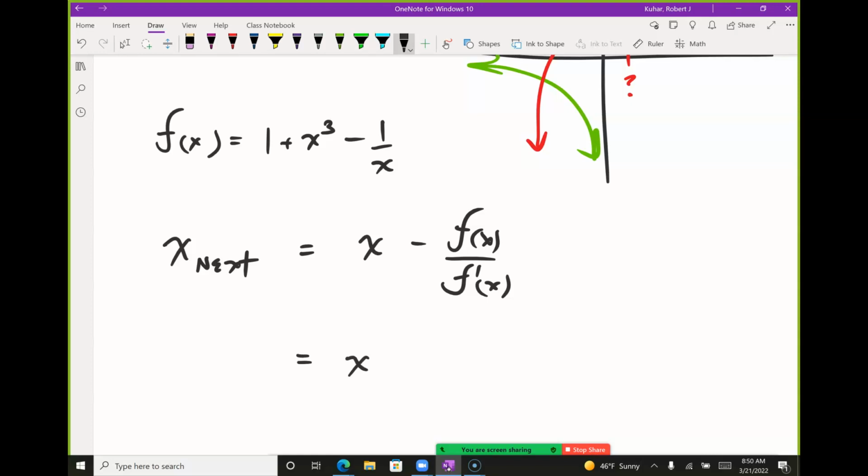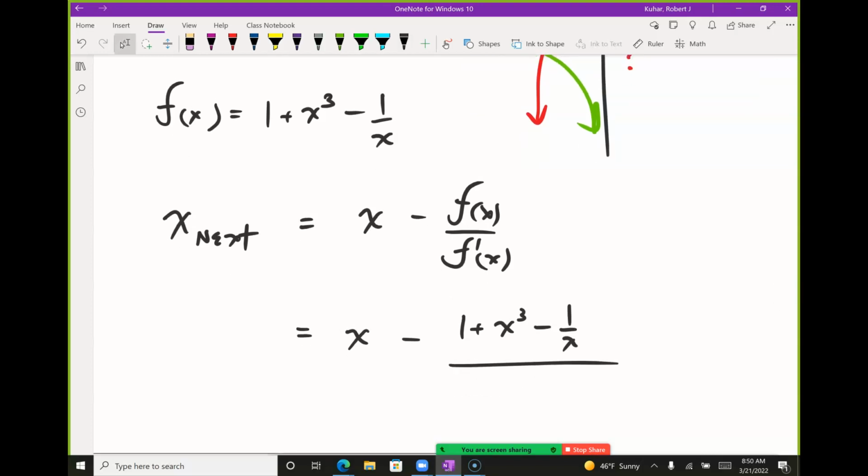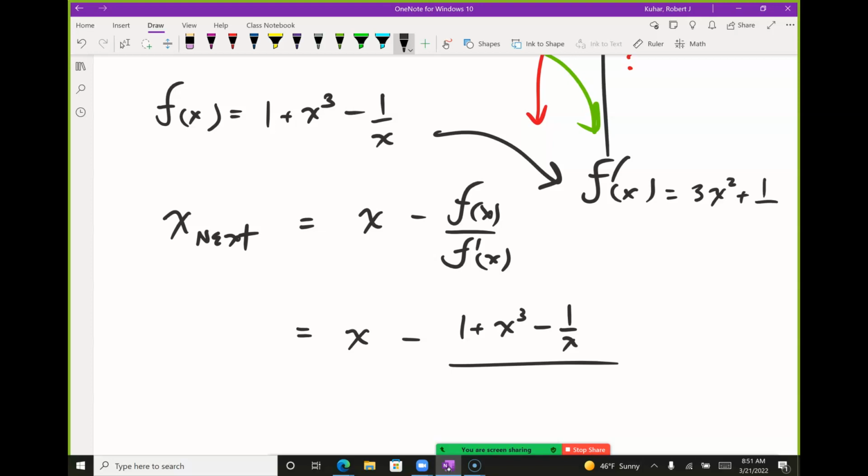So look at what I'm doing for x next now. I'm going to have an x minus, in the numerator, 1 plus x cubed minus 1 over x, divided by the derivative. What's the derivative here? It's going to be 3x squared plus what? I need a derivative, please.